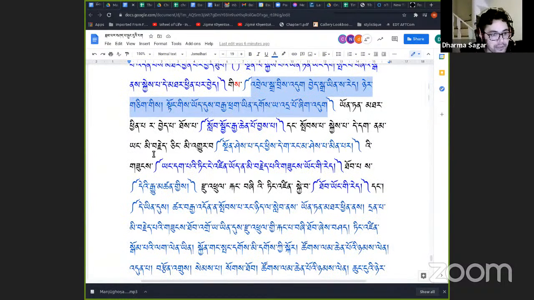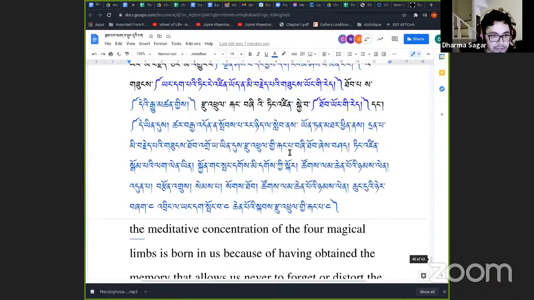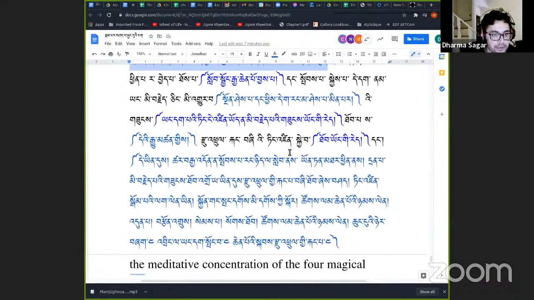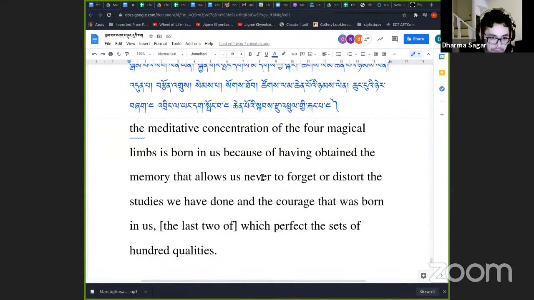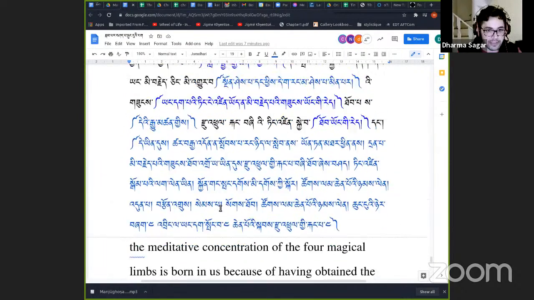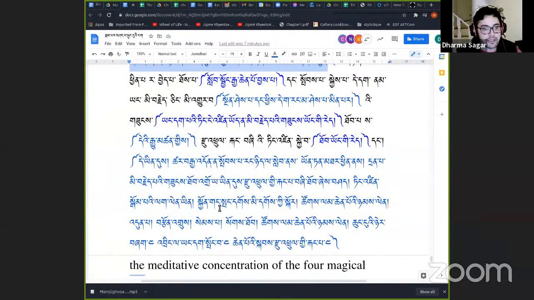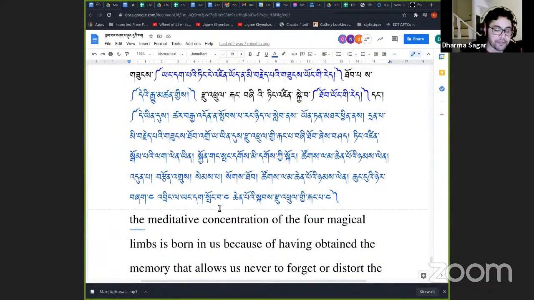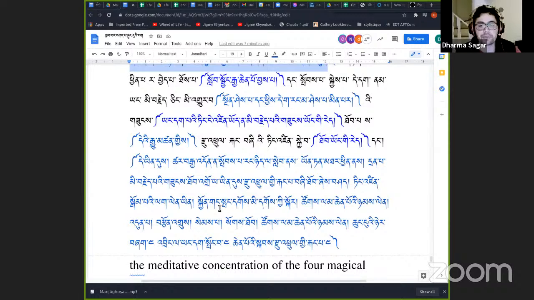And after that, when he was explaining here the line that allows us to never forget or distort the studies we have done, he explained that once again. What he said for "not forget" is that what we had learned before, we are not to forget it.